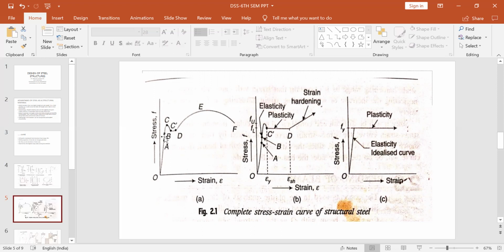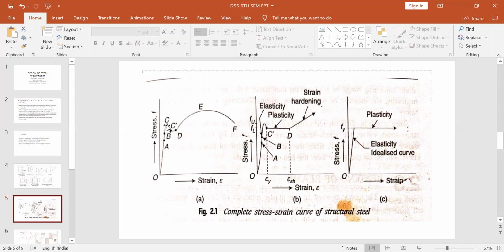After point A, we reach point B. Point B represents the elastic limit, the maximum stress up to which the specimen regains its original shape. So it can regain its original elasticity up to B. Till B, this is the proportionality limit, this is the elastic limit, and Hooke's law holds, that is, stress is proportional to strain. After point B, you come to point C, where the nonlinear part of the curve starts.